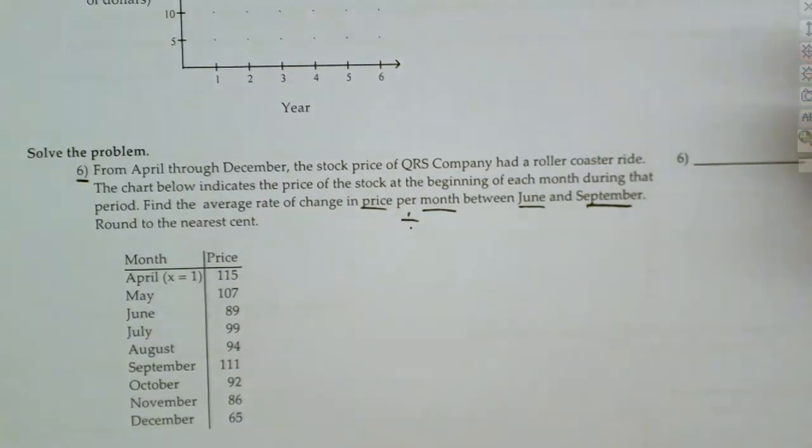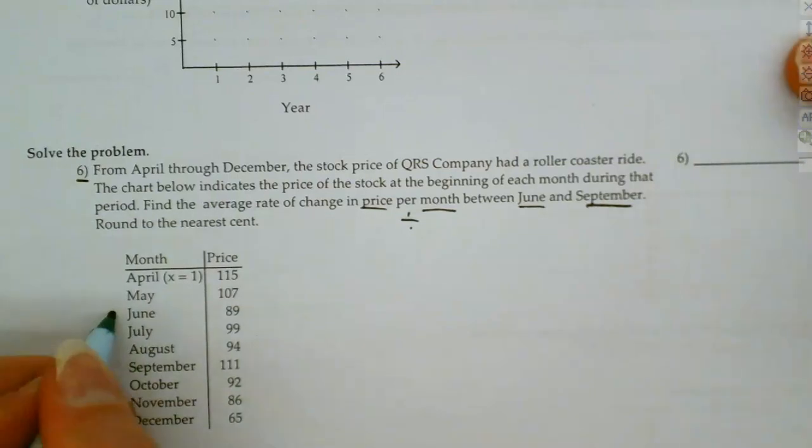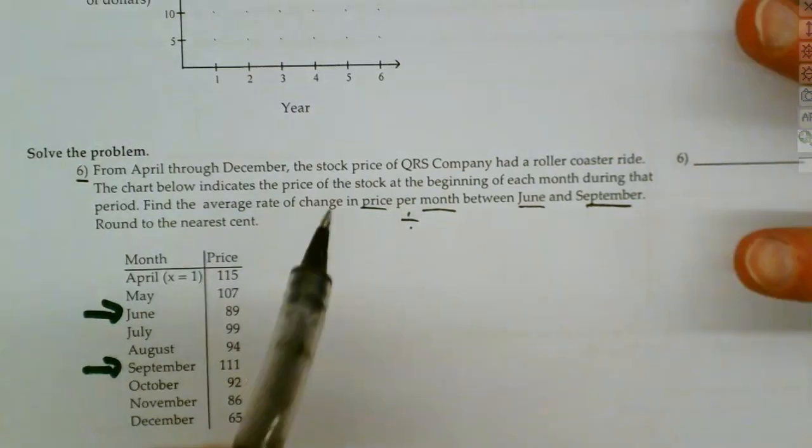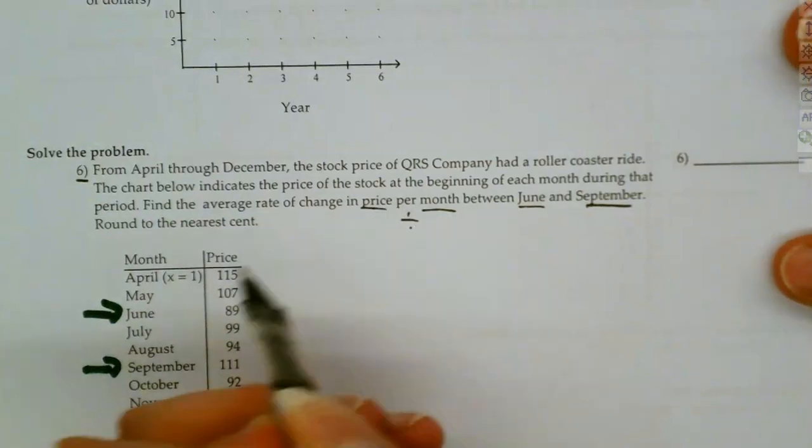So the first thing we need to make sure of is what our ordered pairs look like. We want June and we want September. Look at what we have here: price per month.